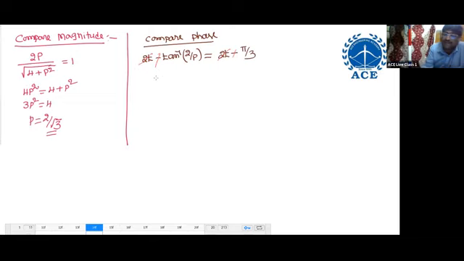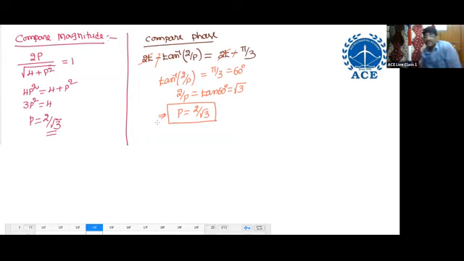Minus minus becomes plus. Tan inverse of 2 by p must be equal to pi by 3. So 2 by p equal to tan of pi by 3, which means 60 degrees. So tan 60 equal to root 3. So p equal to 2 by root 3. That's all. So like this you have to solve it.